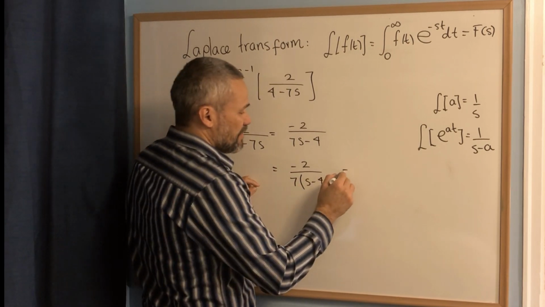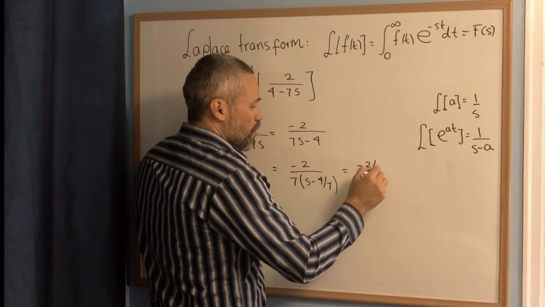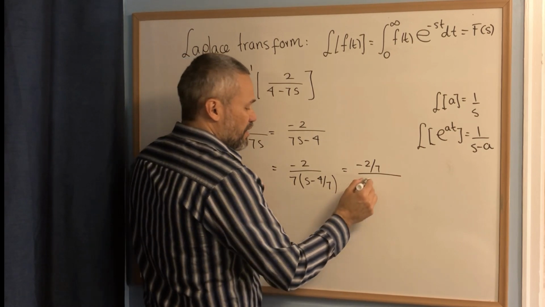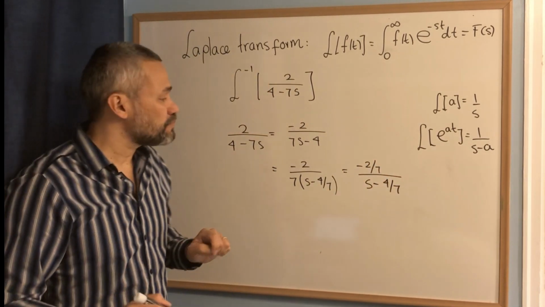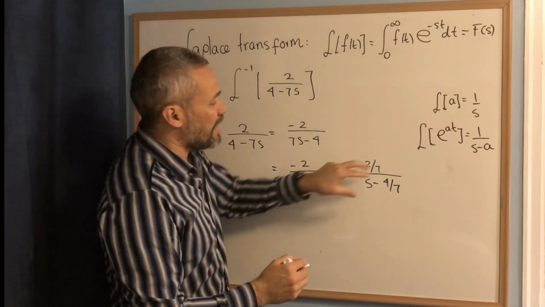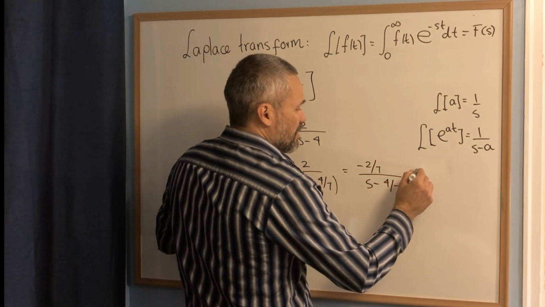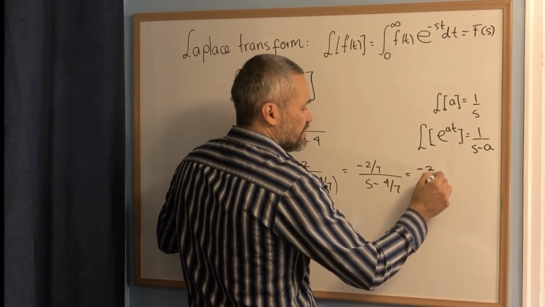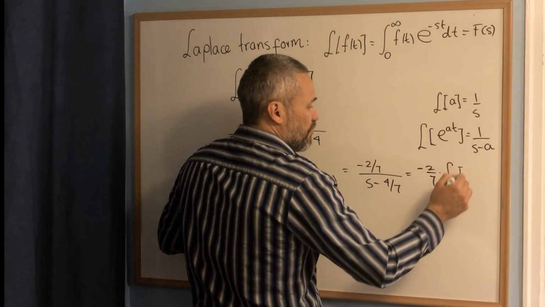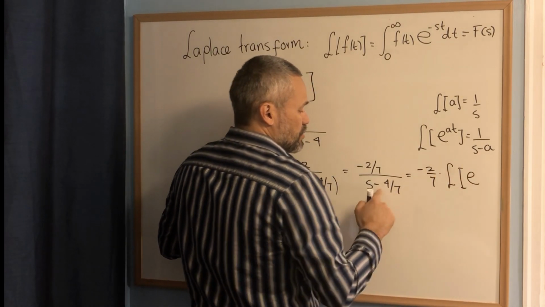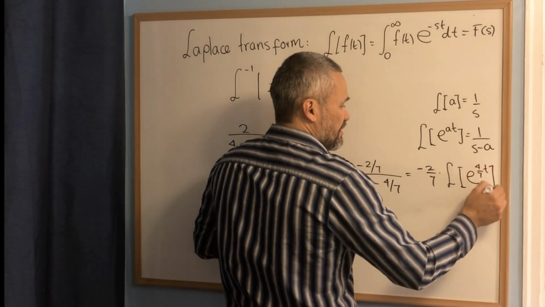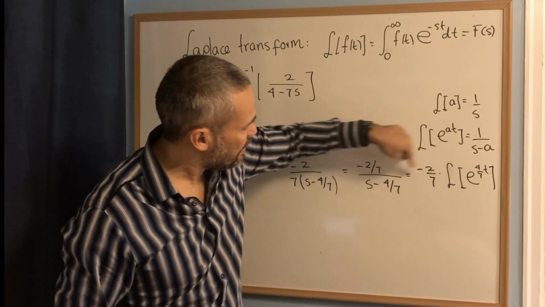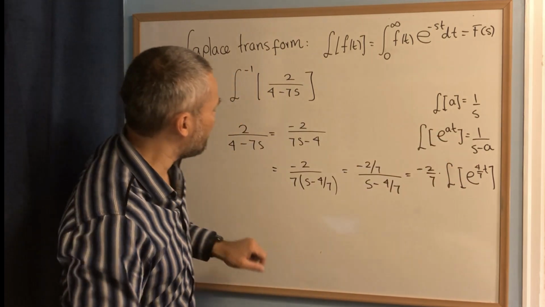And finally, this can be written as negative 2 over 7 over s minus 4 over 7. And finally, I have negative 2 over 7 times the Laplace transform of e to the 4 over 7 t. And here you can see that the a is 4 over 7, then you can write it like this.